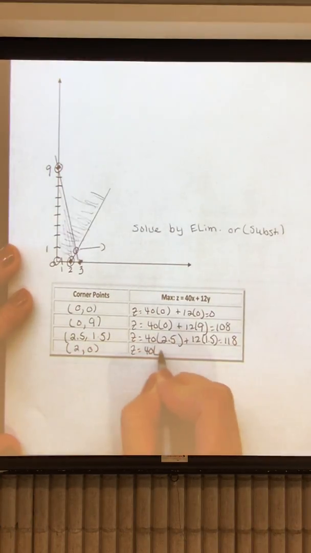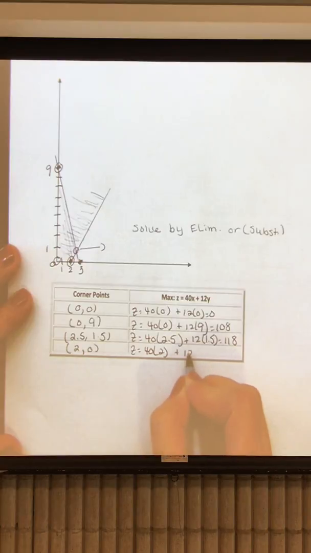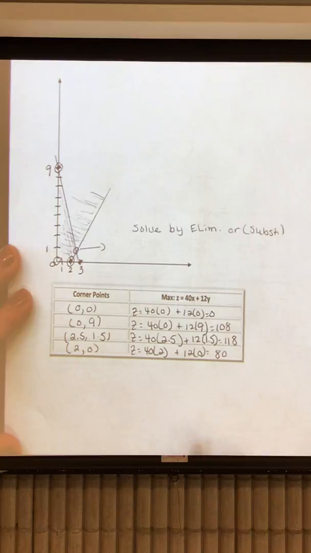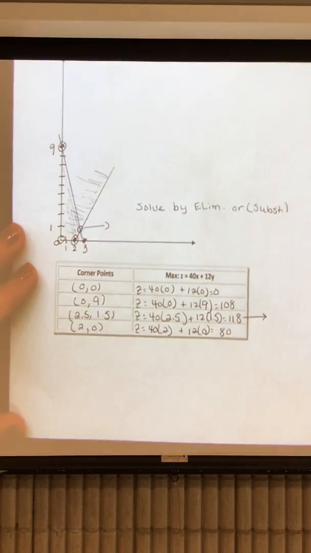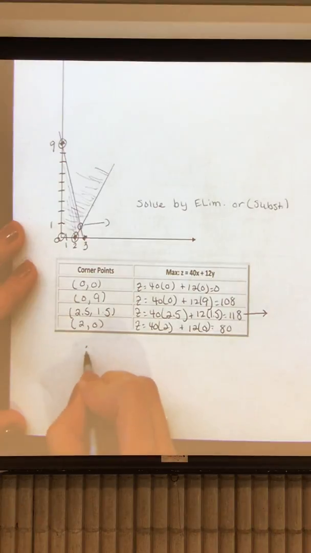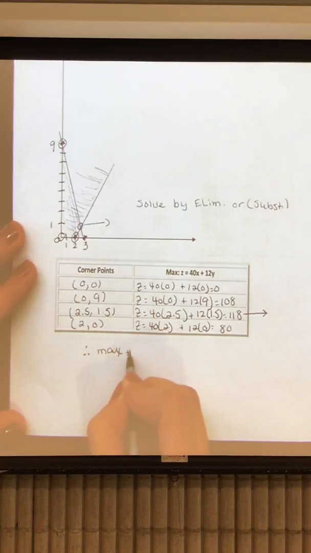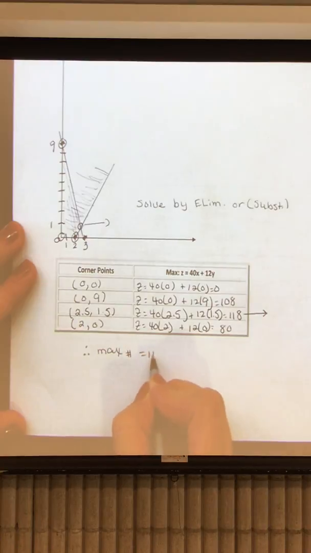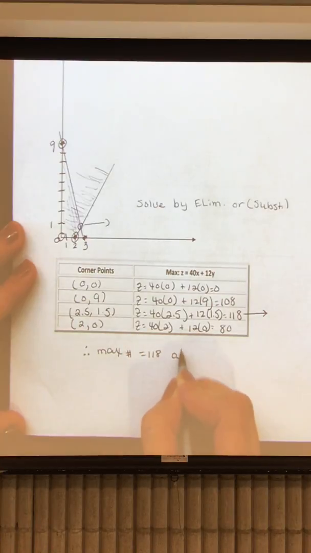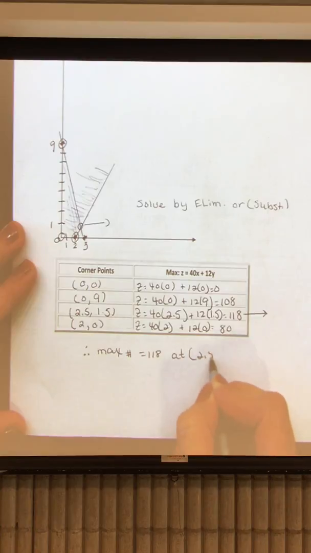And 40 times 2 plus 12 times 0 is equal to 80. Looking at our results, 118 is our highest number. Therefore, our maximum number is 118 at the point 2.5 and 1.5.